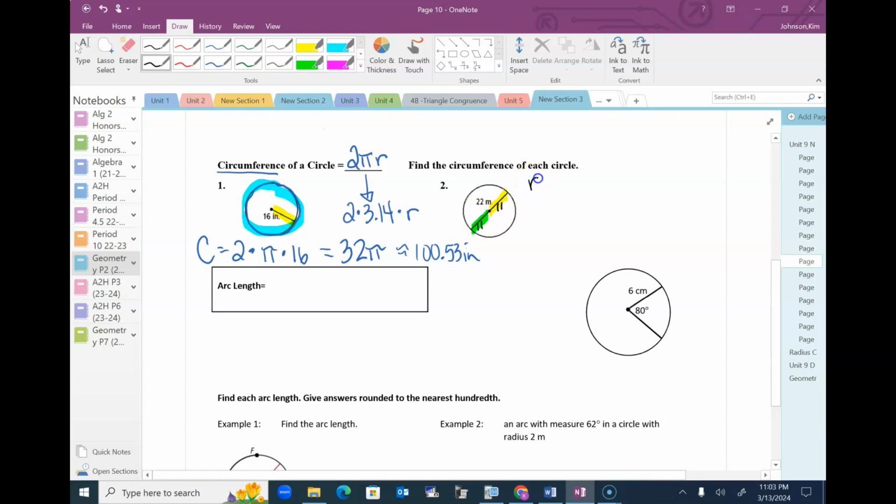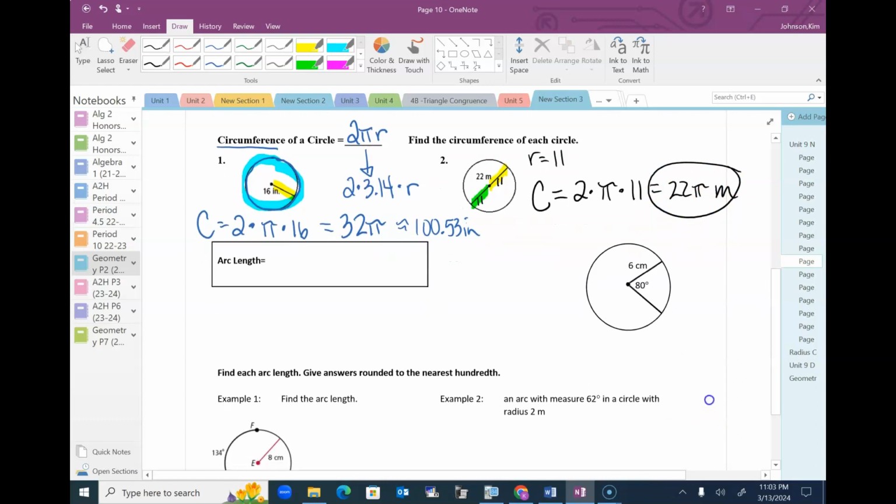So our radius is 11. To find the circumference, we do 2 times pi times 11, which is 22 pi. I like answers left like that, so just leave it as 22 pi. In this case, it's 22 pi meters.